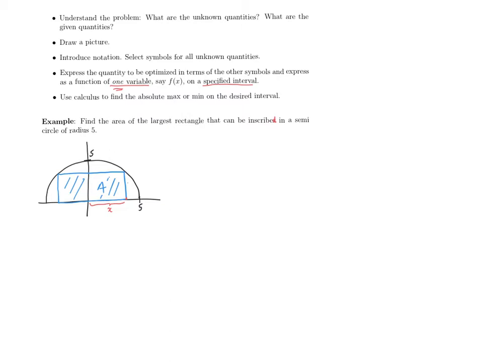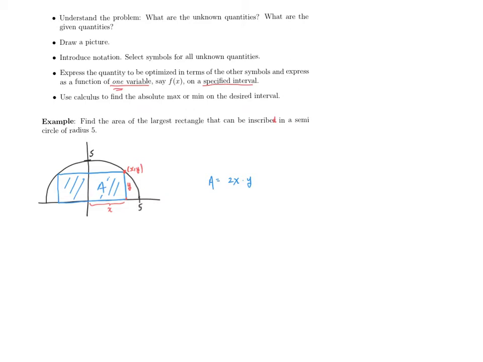And I will let y represent the height, which indicates that this upper right corner is on the semicircle at a point of the form (x, y). And the area of this rectangle can be written down very conveniently as length, so 2 times x, multiplied by height. And this is not what we want, at least not quite yet.